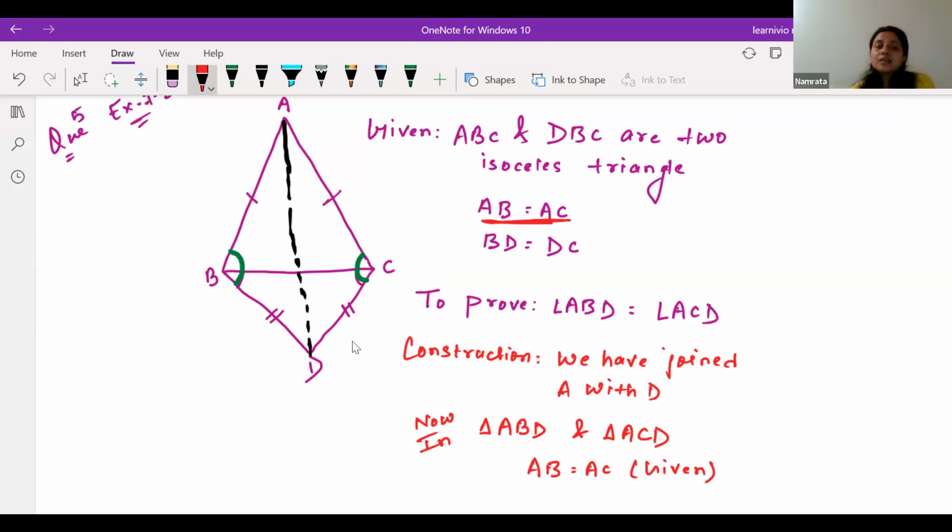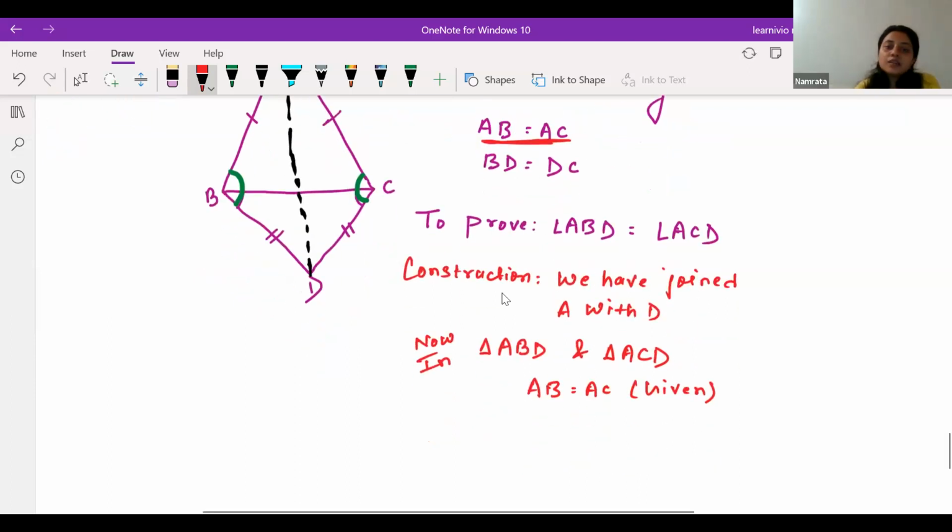Now what else? The downside one, I can see BD side is equal to CD side. Let's write it. That too is given. BD is equal to DC, BD equals CD or DC, whatever. That too is already given from the isosceles triangle condition.